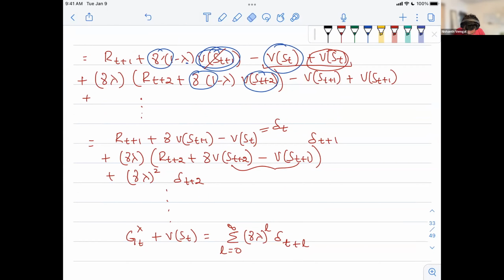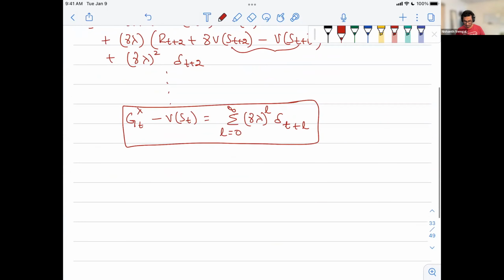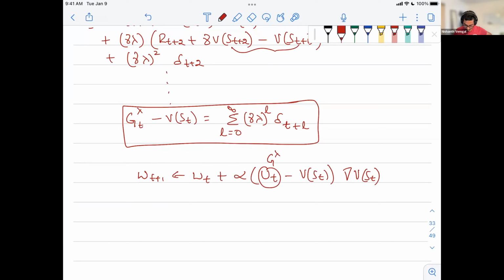Oh, this is actually minus. Once we have this, if you remember the update rule, W_{t+1} would be W_t plus alpha times U_t minus V of S_t times gradient of V of S_t. So instead of U_t, we can substitute G lambda, which would be this entire term plus V of S_t.